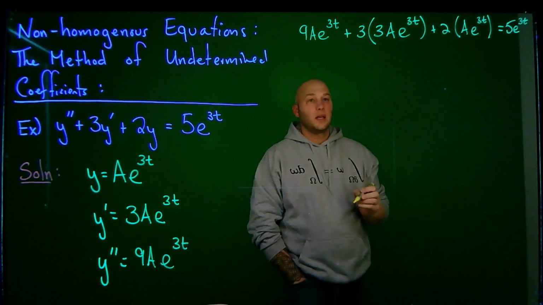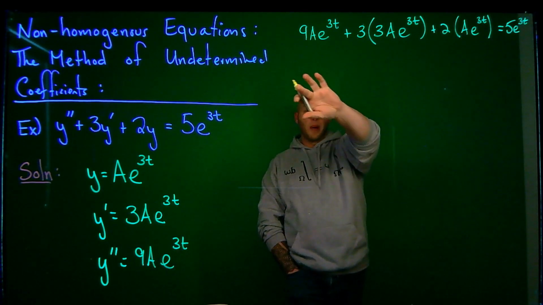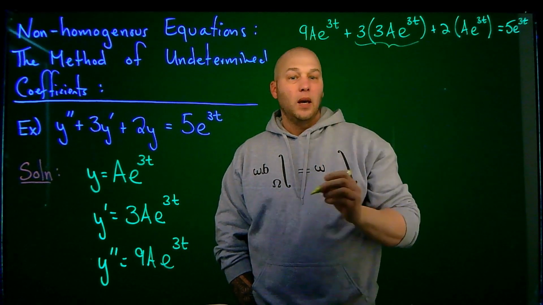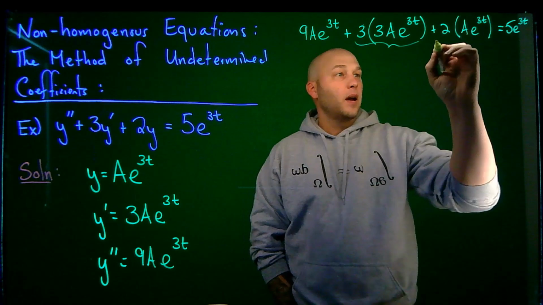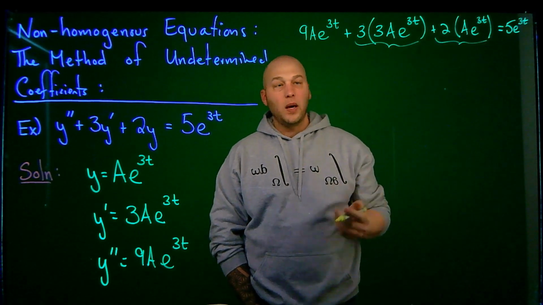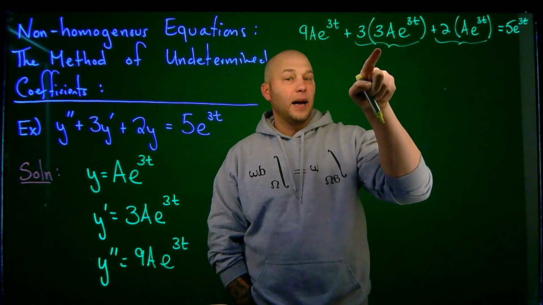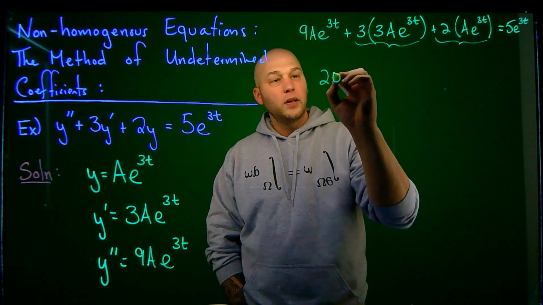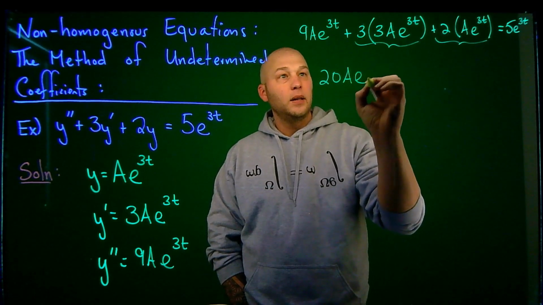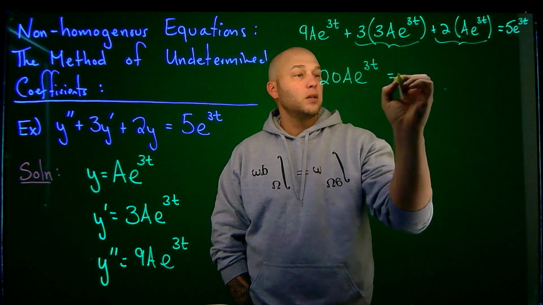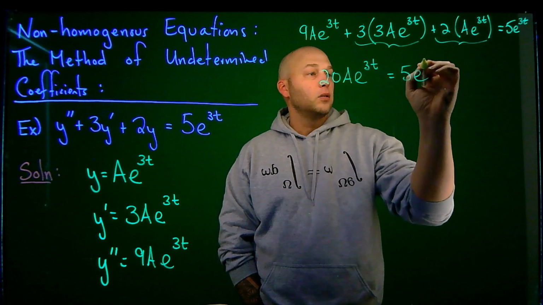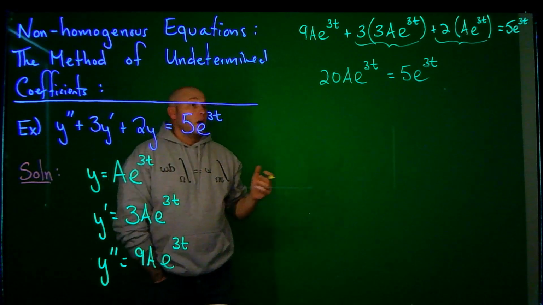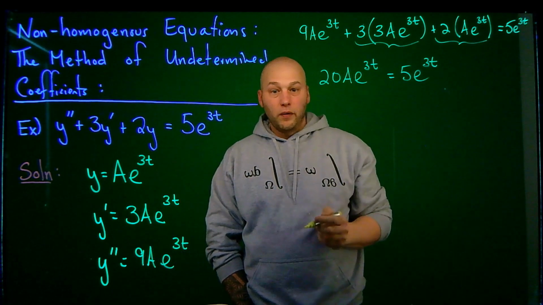Now, of course, on the left-hand side, I'm going to combine all of those. This would give me a coefficient of 9a, and then this right here would give me a coefficient of 2a. So that means I'd have 9a, which would give me 18, 2 more, which would give me 20. Therefore, that would be 20a e to the 3t is equal to 5e to the 3t. Now, all I have to do is solve this equation for a.